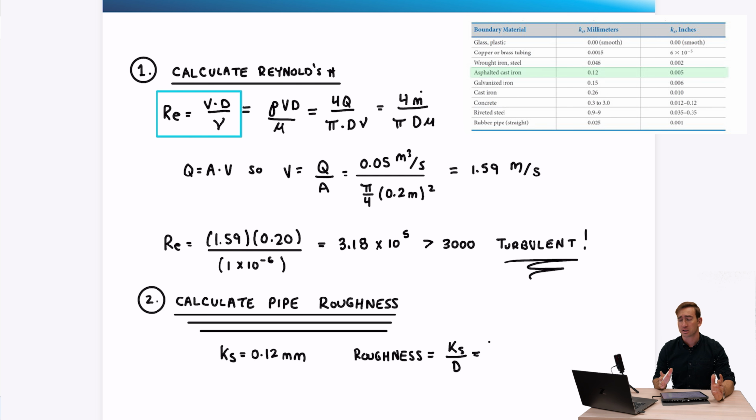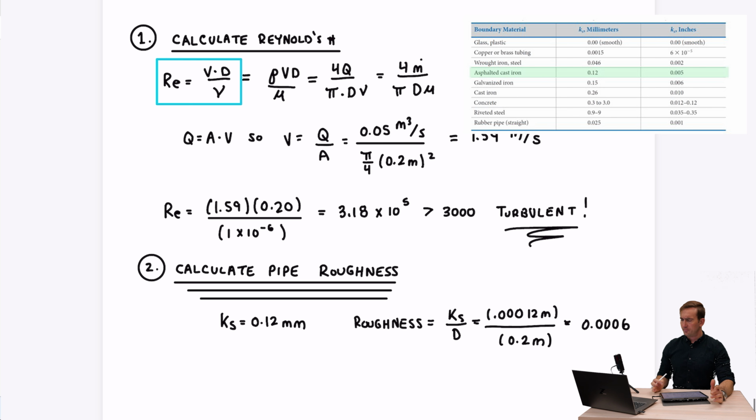We just want to make sure those are in the same units, and everything will work out there. So our top is 0.00012 meters over our diameter of 0.2 meters. You can see that this becomes unitless. We get a Ks over D of 0.0006.